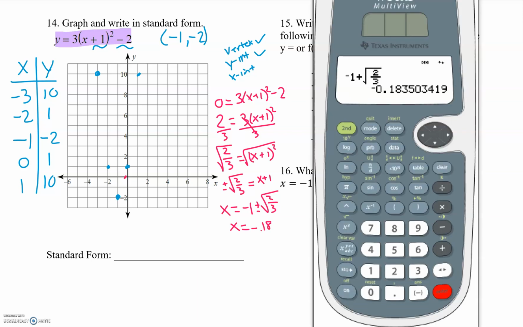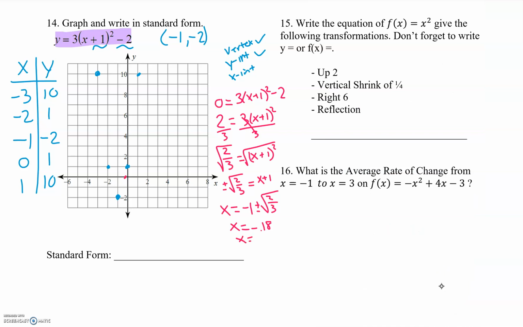And then we're going to get the other one by doing -1 minus the square root of 2/3, which is -1.82, which is going to be about here. So that should coincide with what we have.